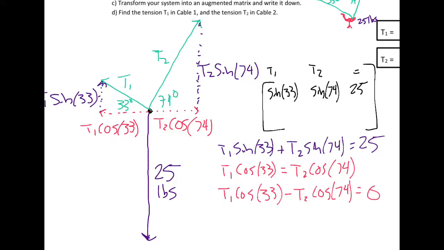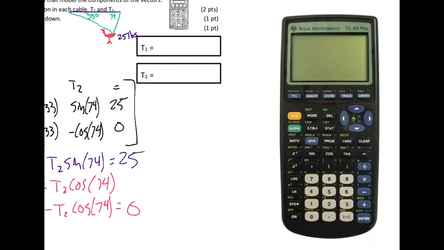Pink equation, look at the bottom one. T1, I have the cosine of 33. T2, I have the negative cosine of 74, and that is equal to 0. So that is my matrix, my system of equations, my free body diagram, and now we just need to plug this into our calculator and find our answers.